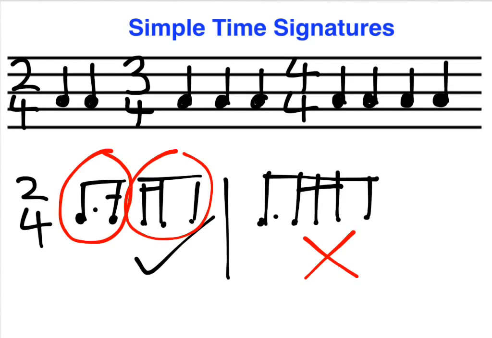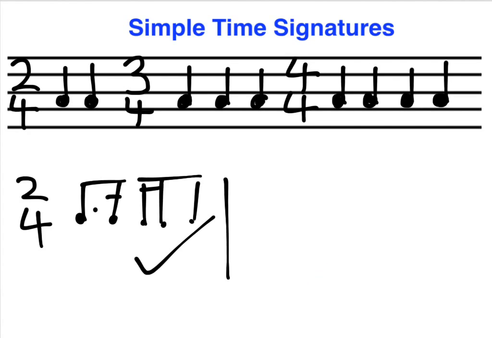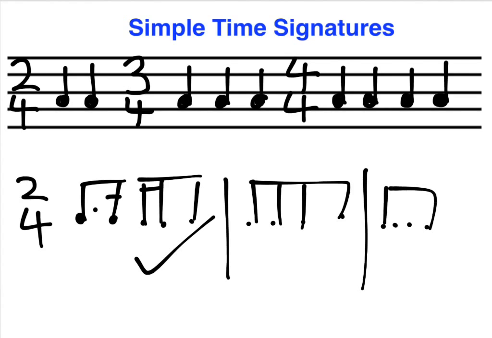Okay, so that is correct, but in the next bar you could technically have something that looks like this. Your four quavers beamed together, and you could have, let me see, four semiquavers beamed together.